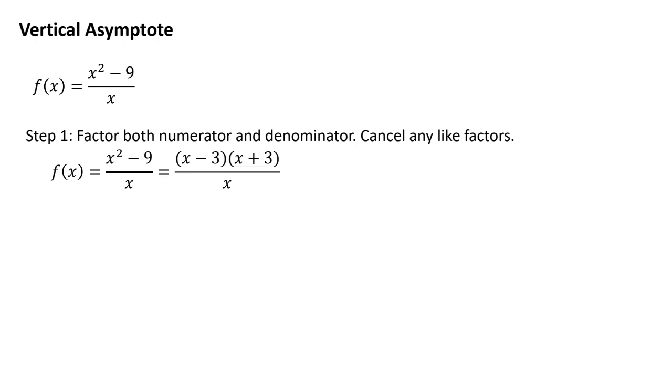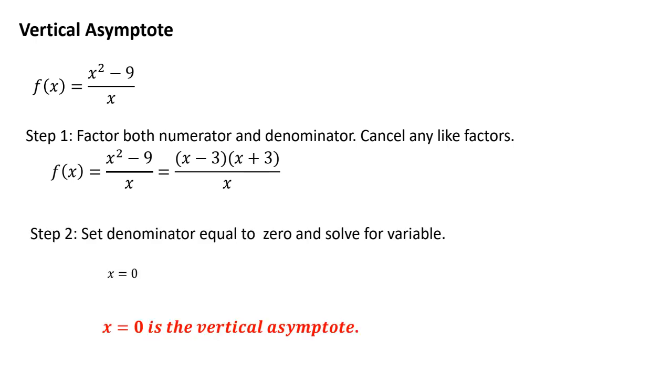So here x squared minus 9 would be x minus 3, x plus 3, and then divided by x. I cannot cancel any of them, so we move on. If you were able to cancel, it would look something like this. You would have down here, for example, an x plus 3.